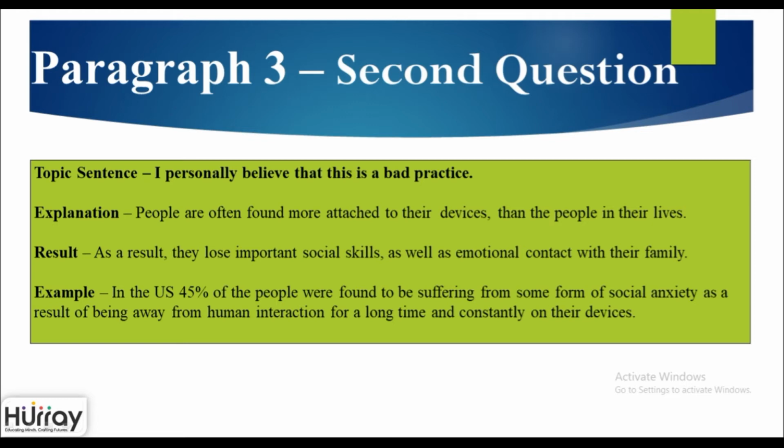So again, your example must be in relation to the previous sentence, in relation to the previous idea that you have actually mentioned here. So if you give statistics and things like that, that will really help. In case you cannot remember how to put across statistics, then pick up the simplest example, something that is personal to you, something that you have observed, and explain that.